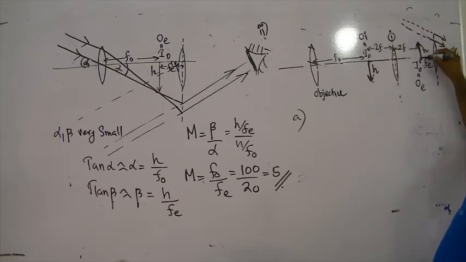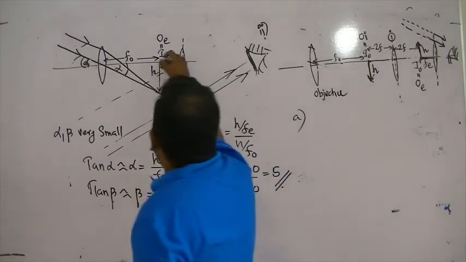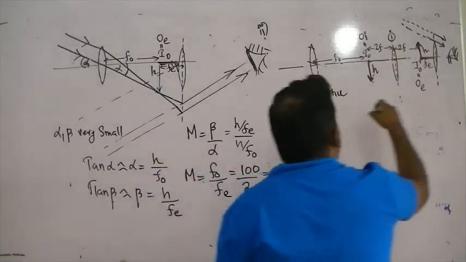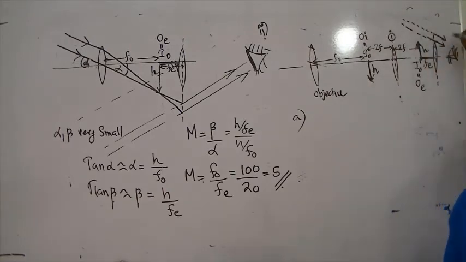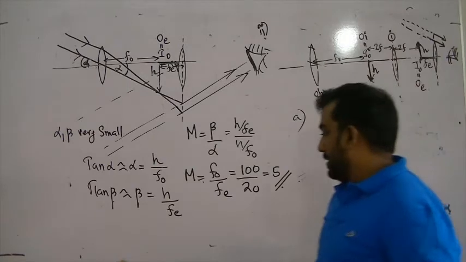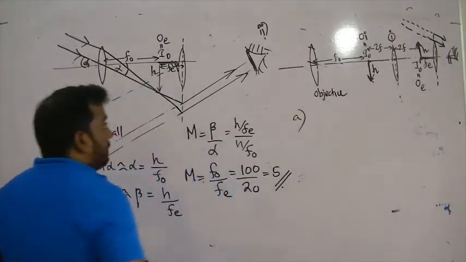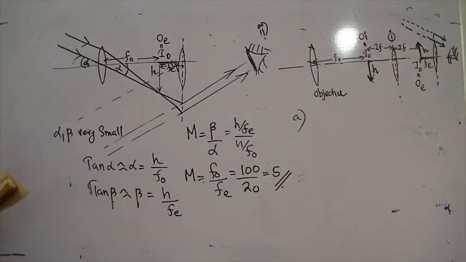Magnification is the same. Now if this is the focal length of the eyepiece, if that distance is the same, then the image is formed at infinity, but now not from down but from top. So it's going to be an upright image. The biggest advantage is you will get an upright image.